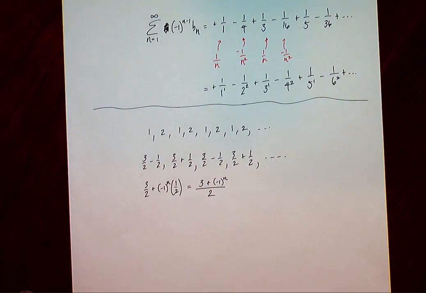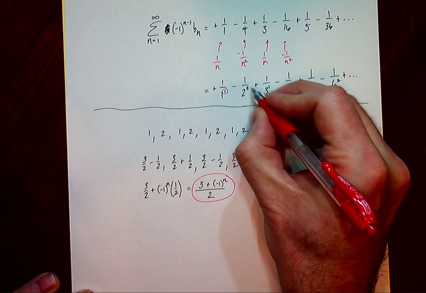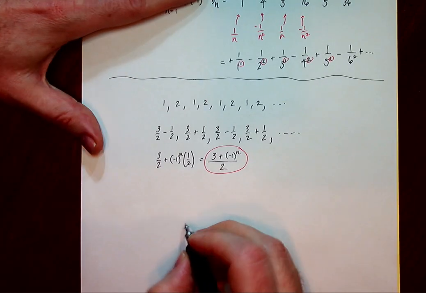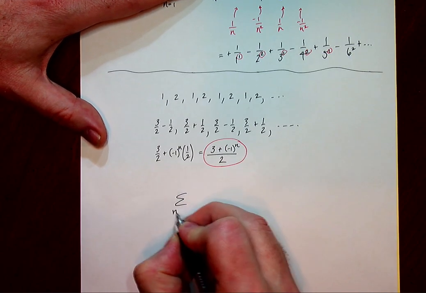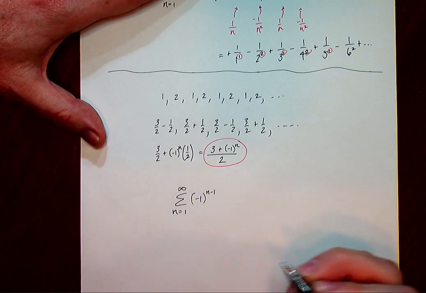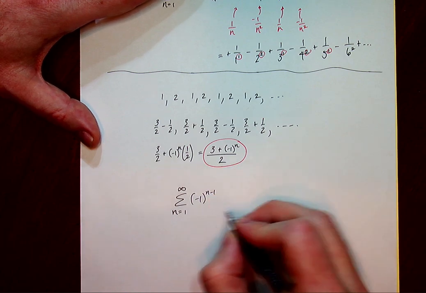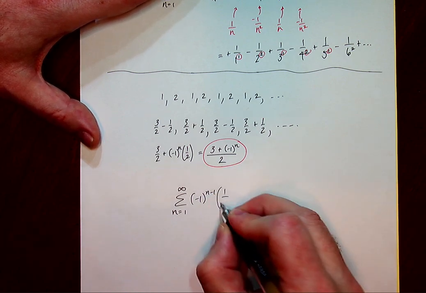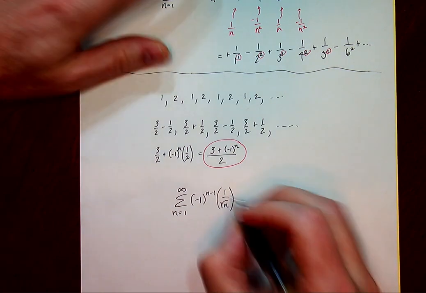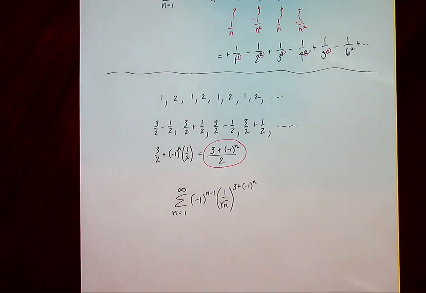Now, all of that is basically creating these exponents. So what this really looks like in sigma notation is the sum from n equals 1 to infinity, and of course we need the original back and forth alternating generator. And this 2, I don't want to put that in the exponents. Instead I'm going to bring it down, and instead of calling it 1 over n, I'm going to call it 1 over the square root of n, and then raise that to the 3 plus negative 1 to the n power.